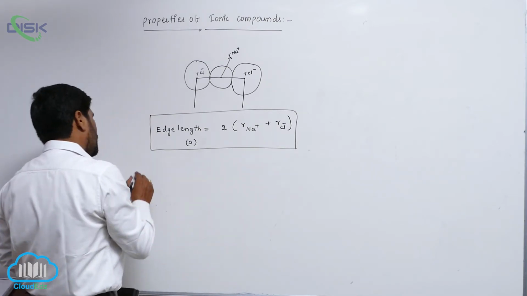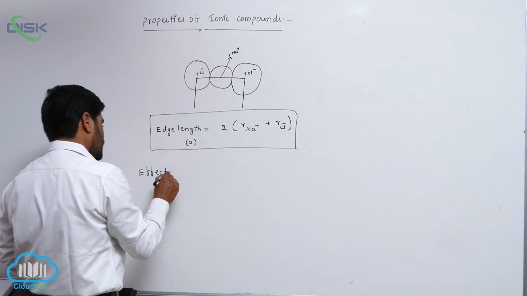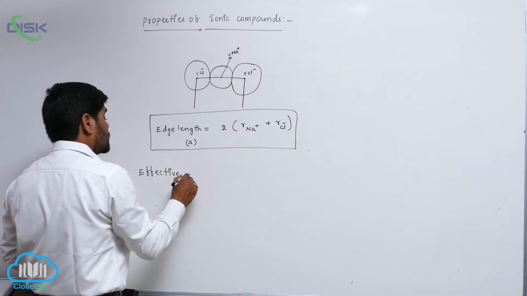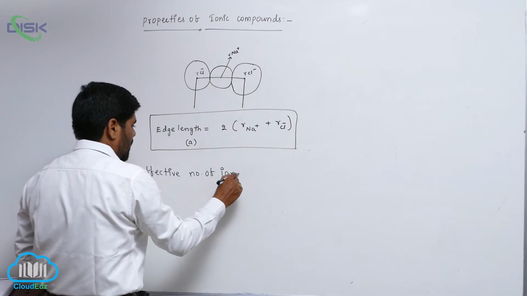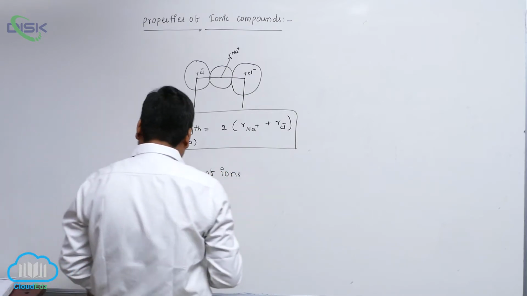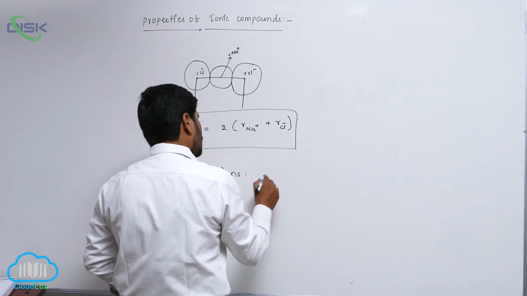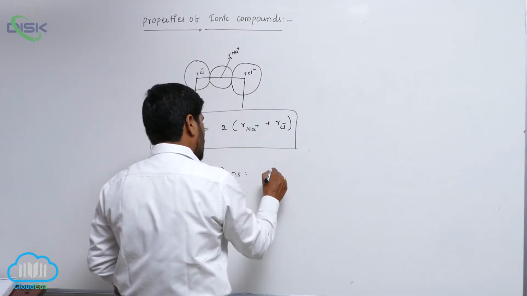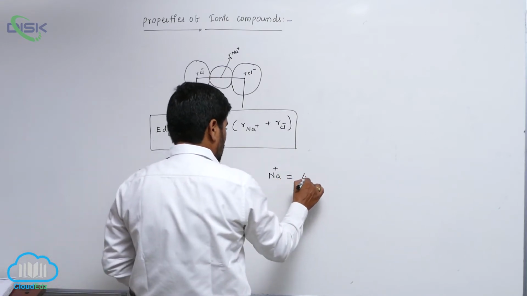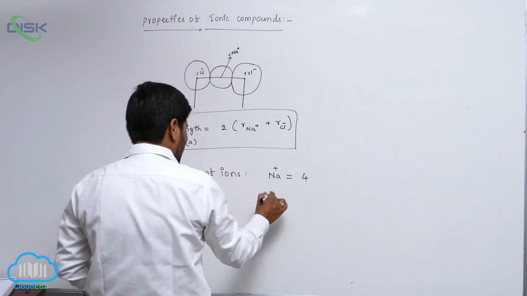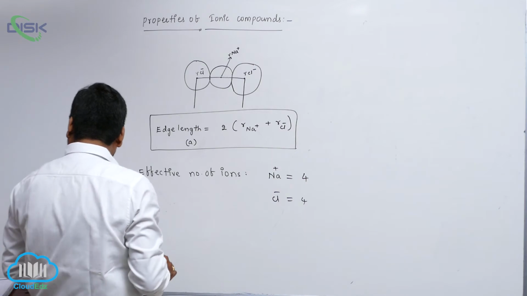Okay, effective number of ions: around Na plus ions, 4 Na plus ions, as well as Cl minus ions, here 4.